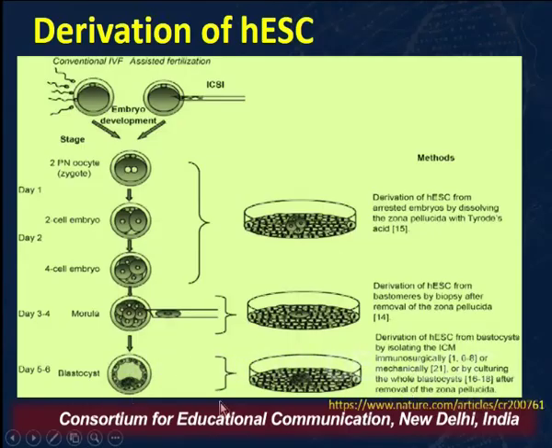involved the derivation of human embryonic stem cells from the blastocyst, the inner cell mass, which, as it is written here, can be extracted by immunosurgery or by mechanical means. One thing is the ethical concerns; another is that immunosurgery involves the use of certain animal products, and here we are also using irradiated mouse feeder cells.